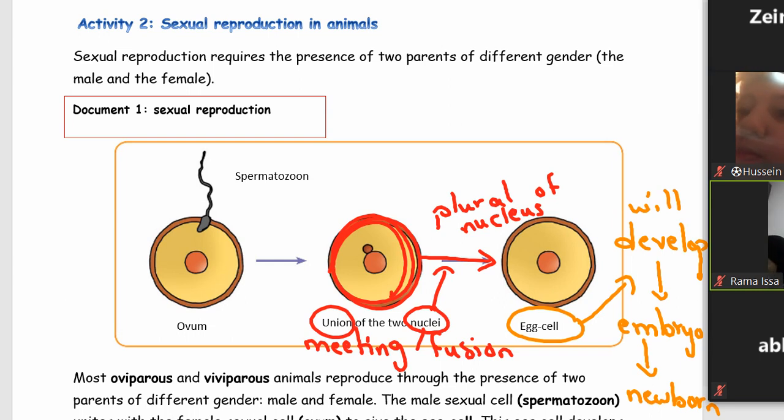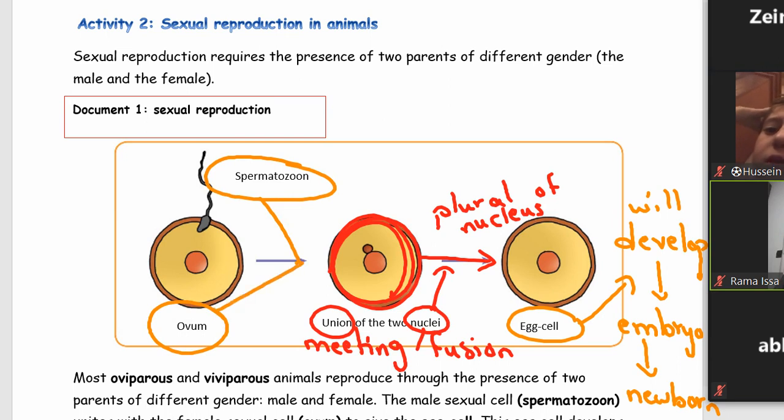After watching the video later, you can write down all the notes, okay? But now you have to pay attention, all of you. So sexual reproduction requires the presence of both sex cells: the male sex cell, which is the spermatozoon, and the female sex cell, which is the ovum.